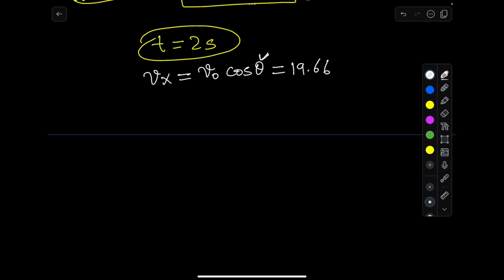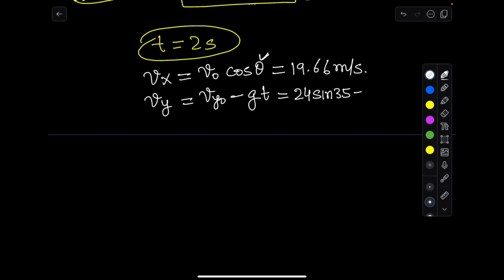So it is 19.66 meter per second, and you know that Vy is not constant, it depends upon Vy naught minus gt. So I will put the values: Vy naught is 24 sine 35, the launch angle, minus g multiplied by time, 2 seconds.